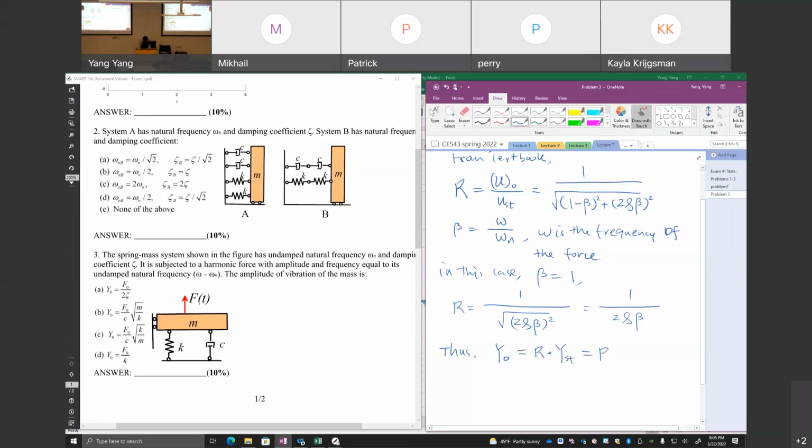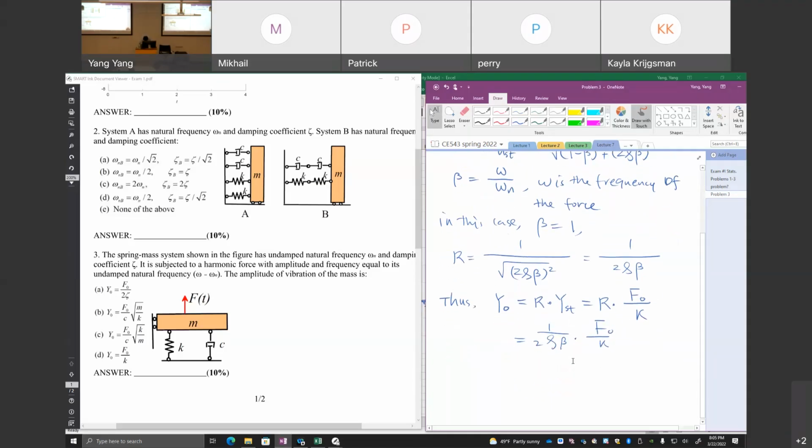That's equal to R times the amplitude of the force over the spring constant, where beta here is equal to 1.